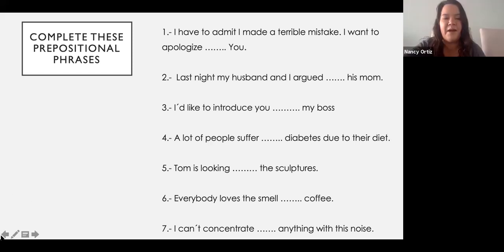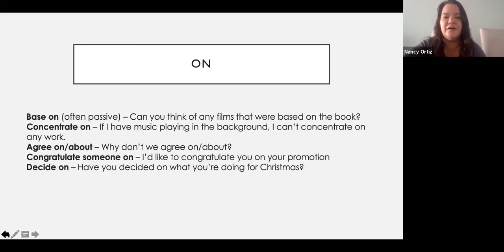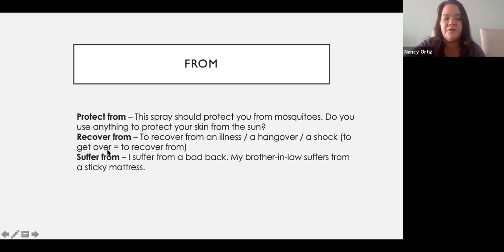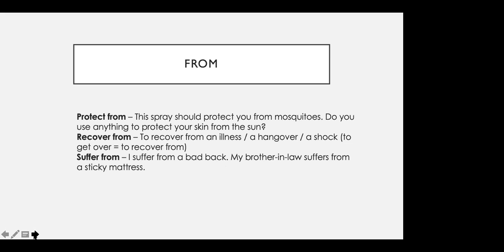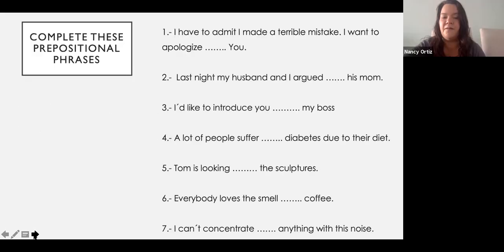Yes, okay, she said about, but if I'm not mistaken, we check this one with from. When it's about illnesses, let me show you, Jasmine. Here, suffer from, it's the dependent preposition. I suffer from a bad back, I suffer from asthma, etc. Okay? So suffer from, very good.